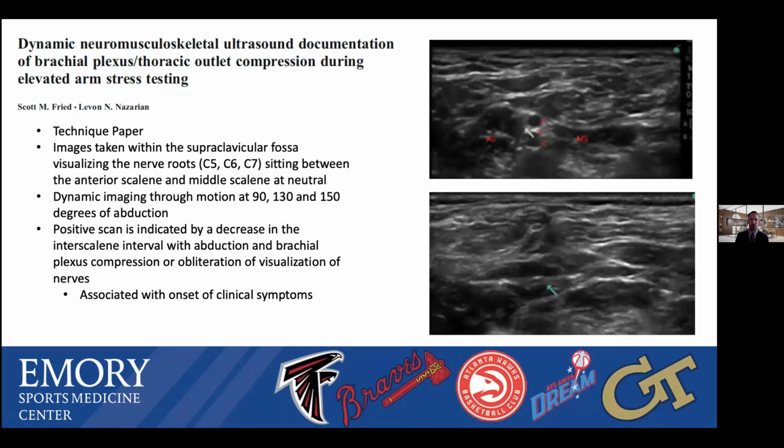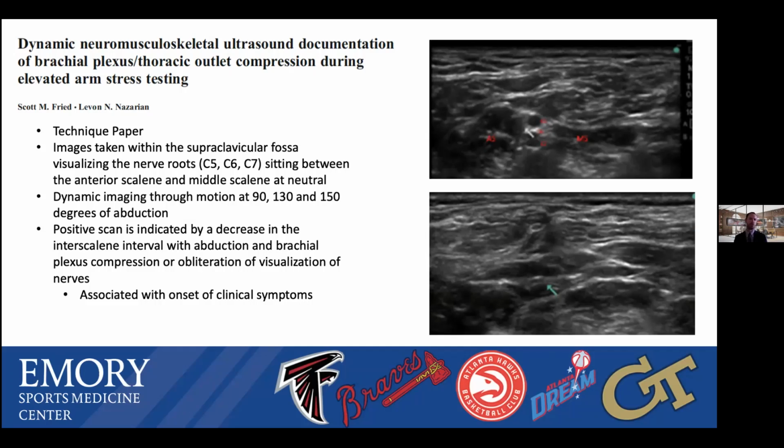Back in 2013 in the Journal of Hand, Freed and colleagues wrote a technique paper, and there weren't many patients. They took images at the supraclavicular fossa, looking at C5, 6, and 7, sitting between that anterior scalene and middle scalene. They did this at neutral, and then also did a dynamic motion at 90, 130, and 150 degrees. They denoted a positive scan to be indicated by a decrease in that interscalene interval with abduction, showing a brachial plexus compression.